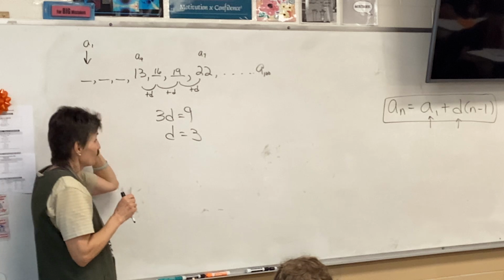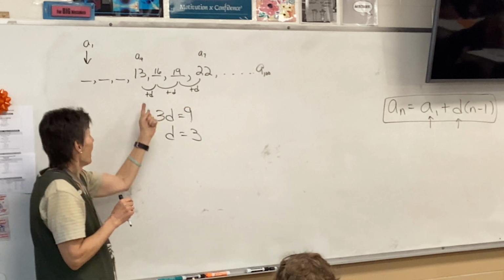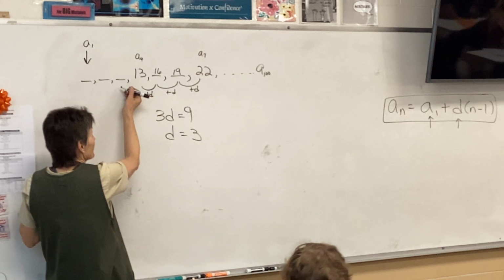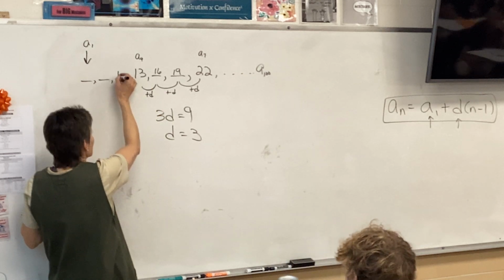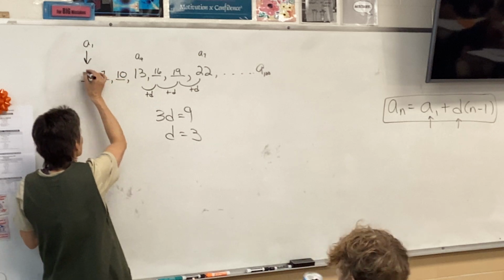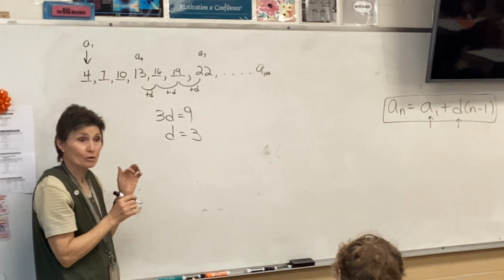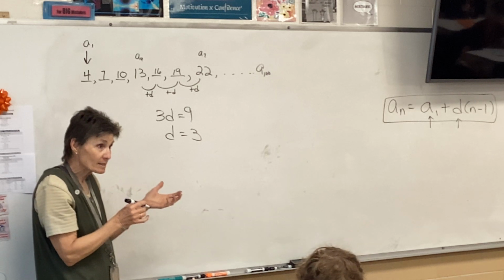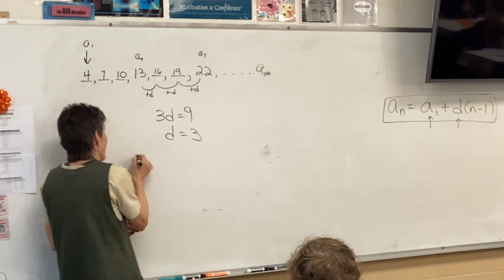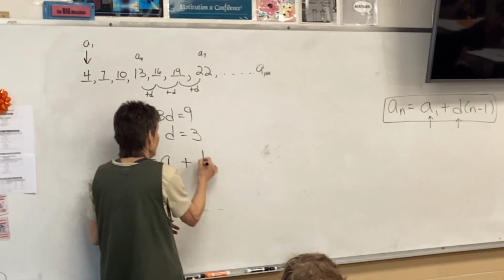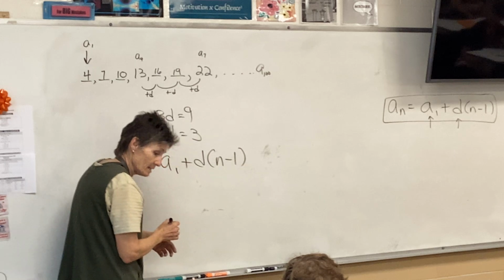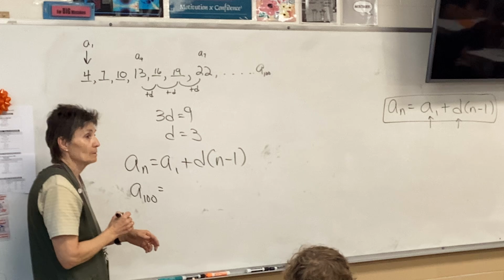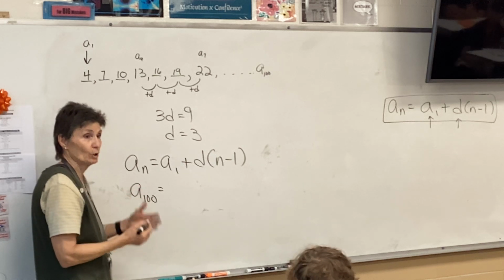Now, if going that way I was adding 3, what will I be doing going this way? So this one has to be 10, 7, 4. So my first term is 4. My common difference is 3. I can use my formula to find the 100th term. What will the 100th term look like?